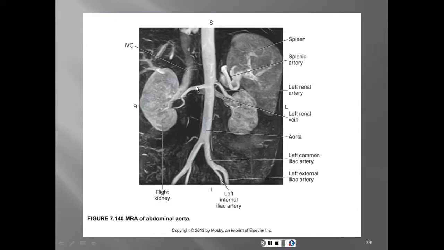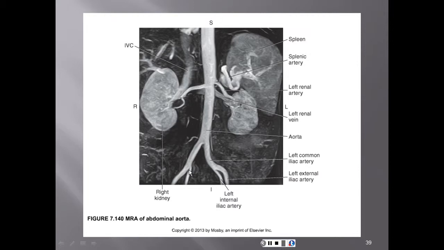Aorta, right and left renal artery leading into the kidneys there. Bifurcation of the abdominal aorta into the common iliac arteries. This would be the left common iliac artery. That would be the right common iliac artery.